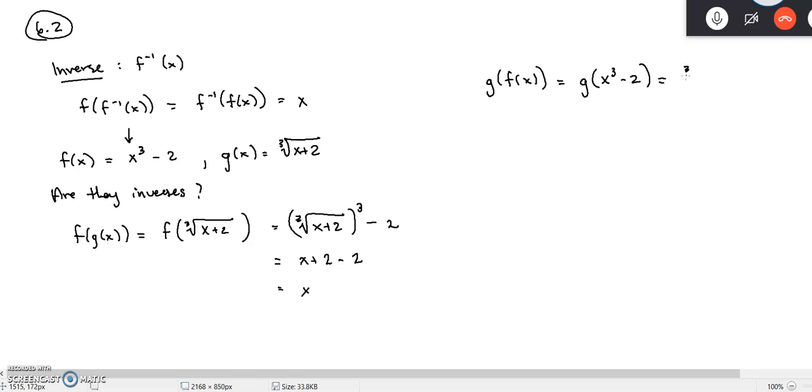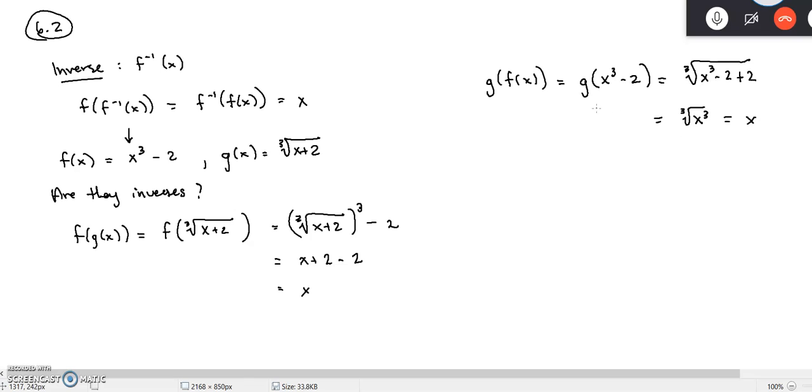So we're going to have cube root of x cubed minus 2 plus 2 underneath that cube root. Now we're under the cube root. The plus 2 minus 2 cancel out. We've got cube root of x cubed. Now those are happening at the same time, and that simplifies to x.